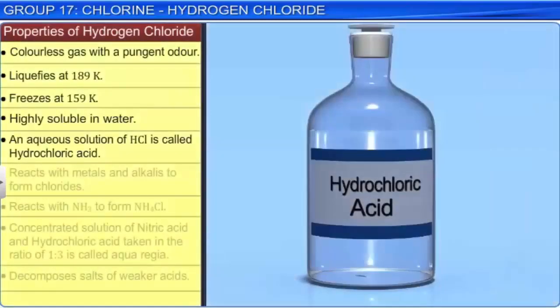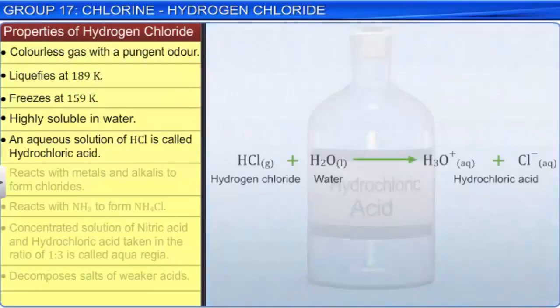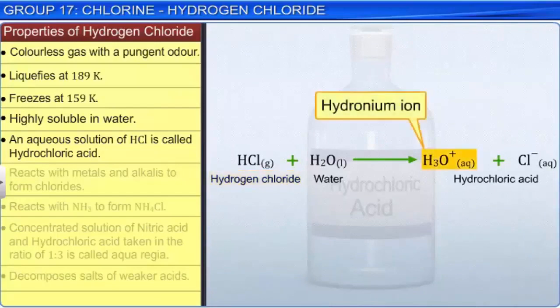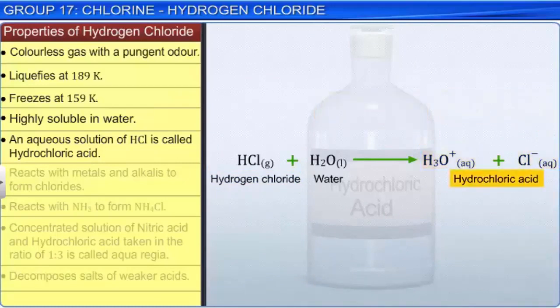An aqueous solution of hydrogen chloride is called hydrochloric acid. An aqueous solution of hydrogen chloride undergoes ionization to produce hydronium ions and chloride ions. The ionization of hydrochloric acid, along with the Ka value, is shown here.